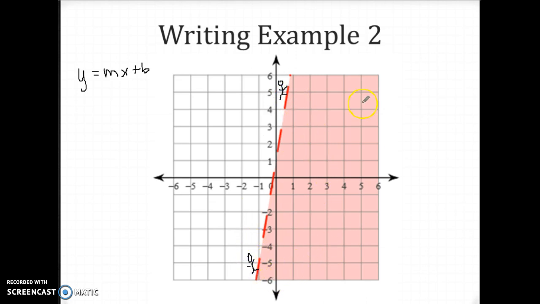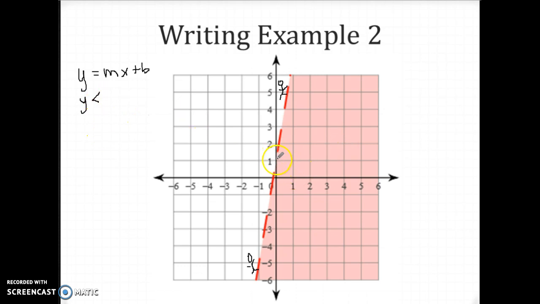Everything below that is below the line, below that teeter-totter. So in this case, it's shaded below the line, so it's going to be the less than symbol. And it is a dashed boundary line, so we just want the less than. We don't want less than or equal to.